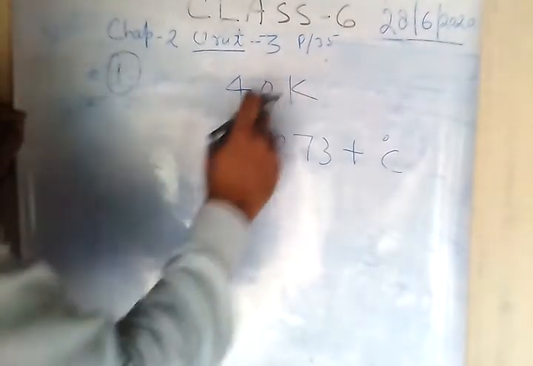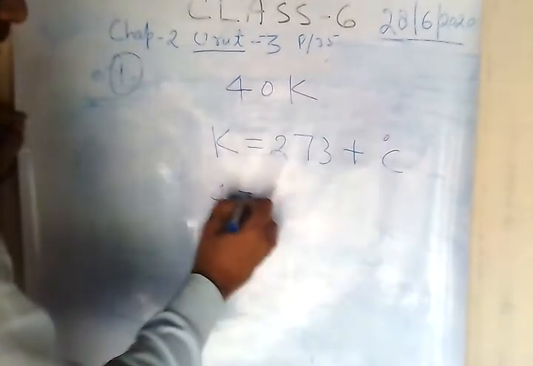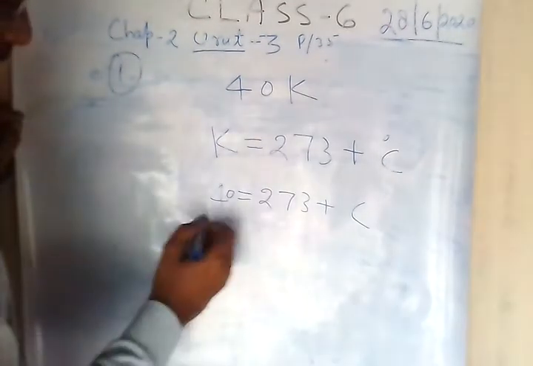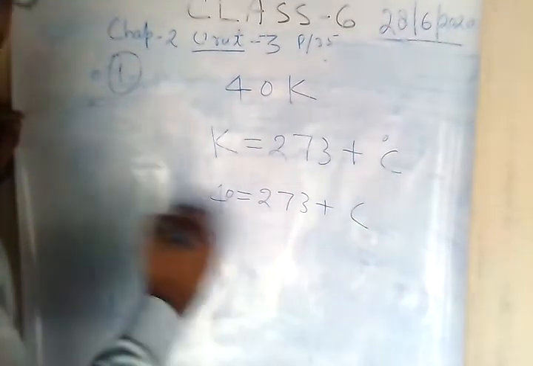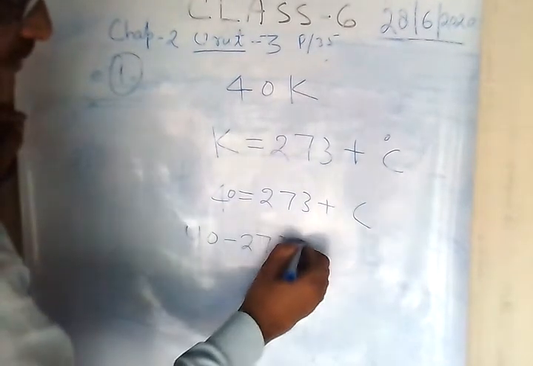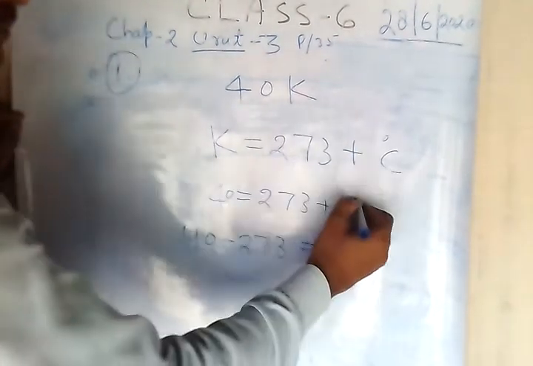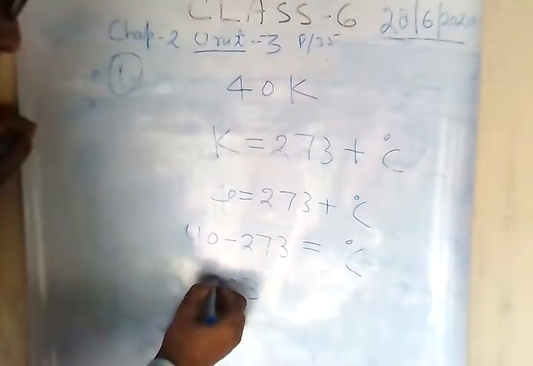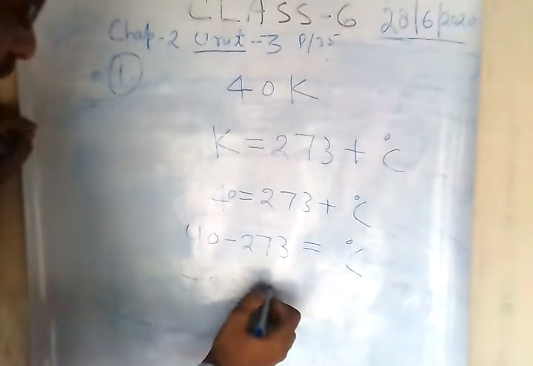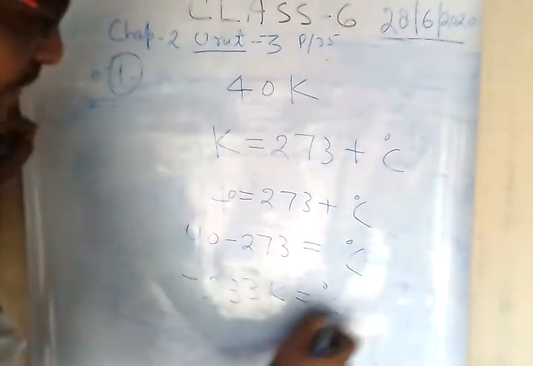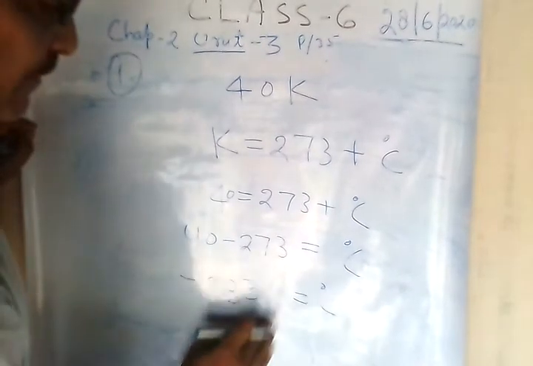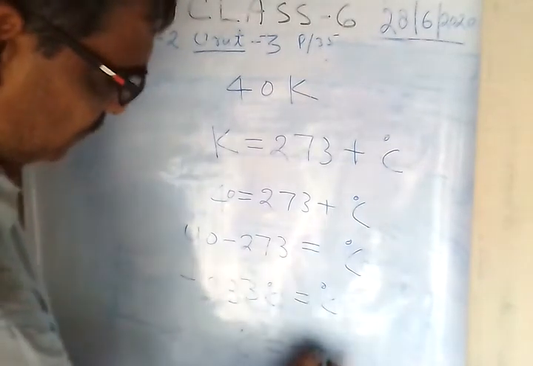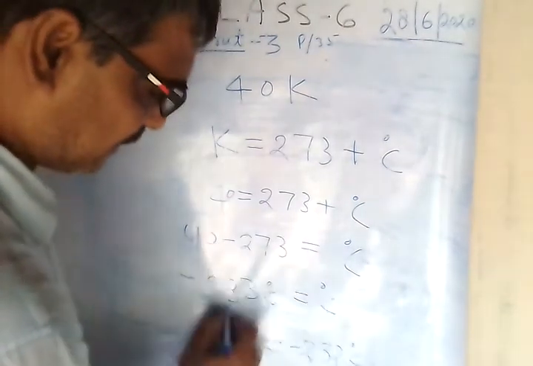Put the value of Kelvin, 40. 40 is equal to 273 plus degree Celsius. 273 will come to this side, it will be minus. So the temperature in degree centigrade is minus 233.